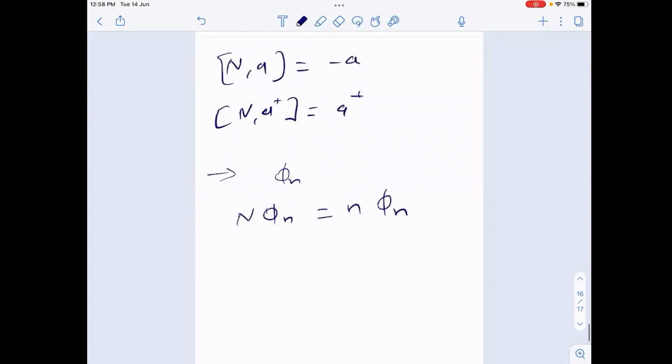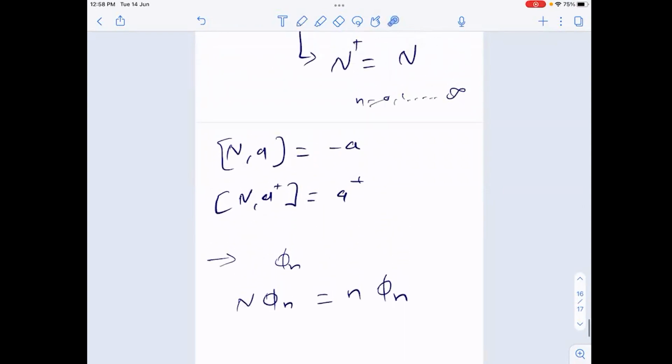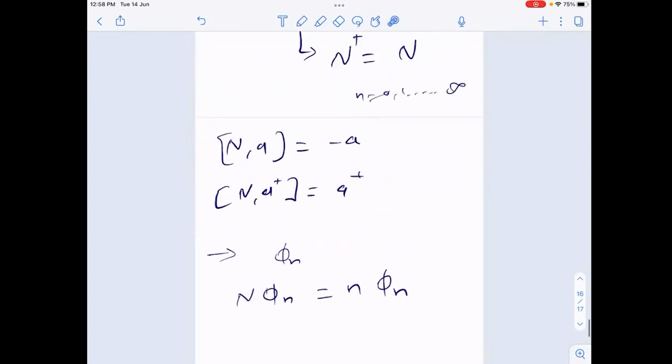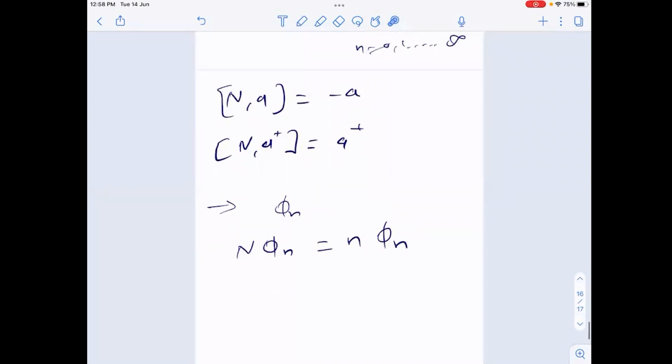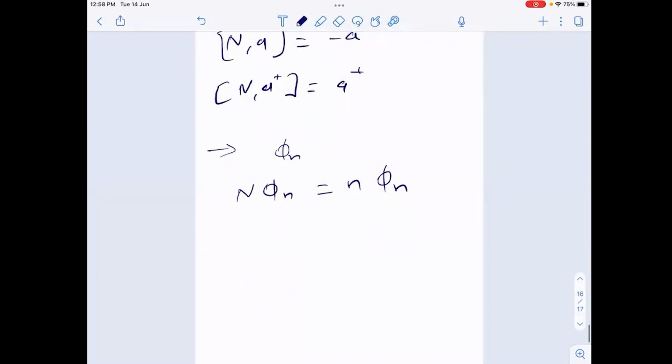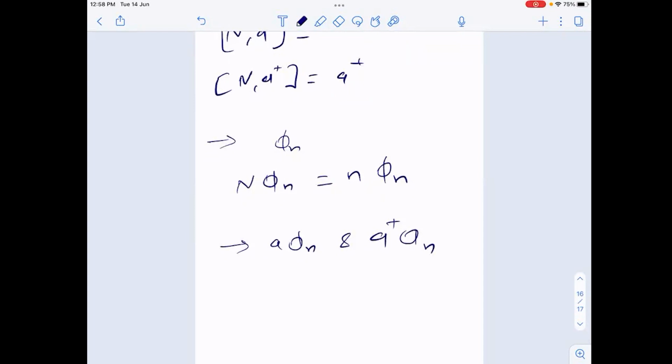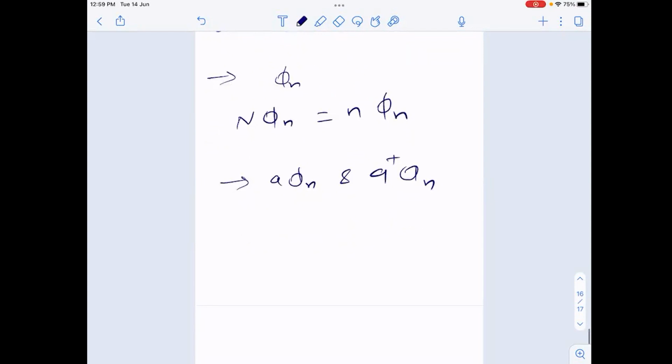So using this commutation relation, we can show that a phi n and a dagger phi n are eigenvectors, corresponding to eigenvalues n minus 1 and n plus 1.